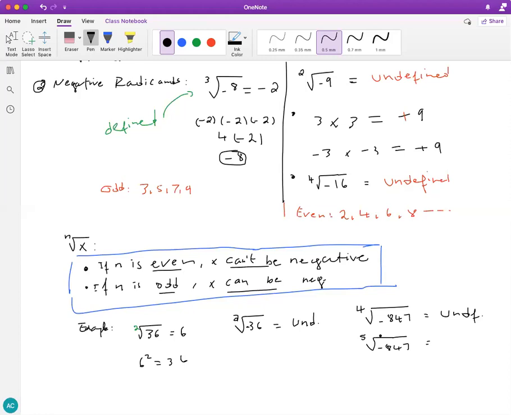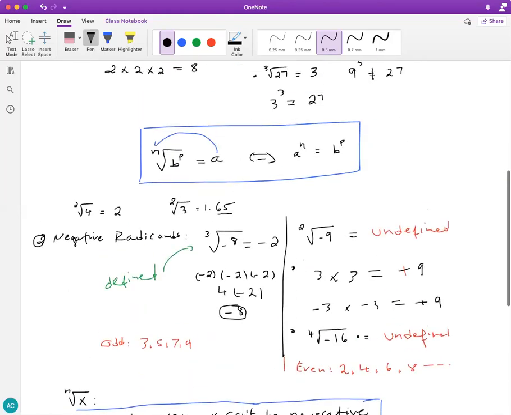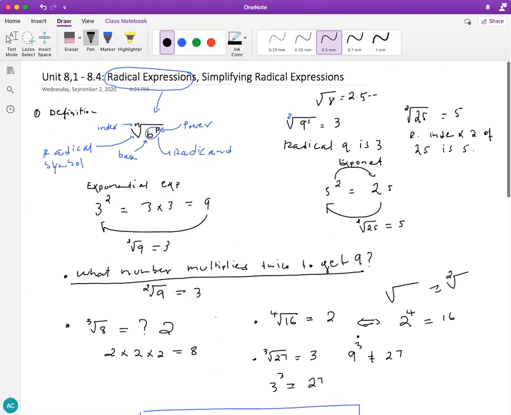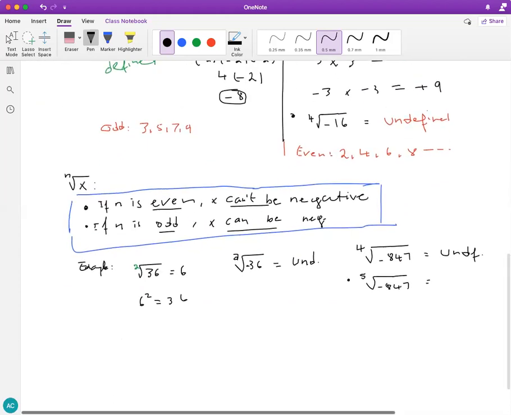What's an odd number? 3, 5, 7. Okay, what do we call this number? What's the name of it? The number that's here is called the index. So when you see a negative here, check here. If it's odd, meaning 3, 5, 7, then this is fine. This is defined.